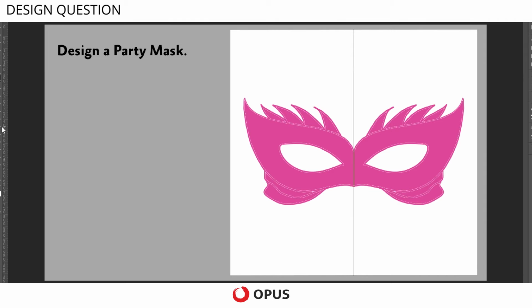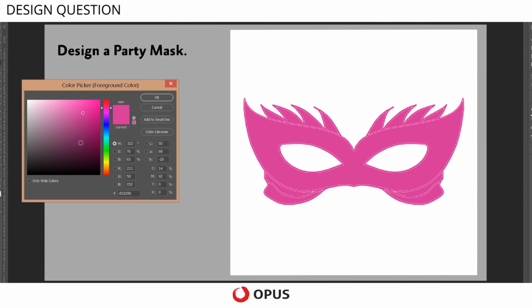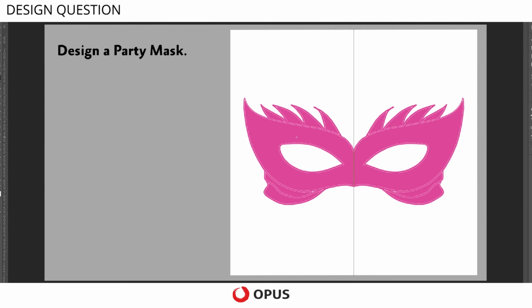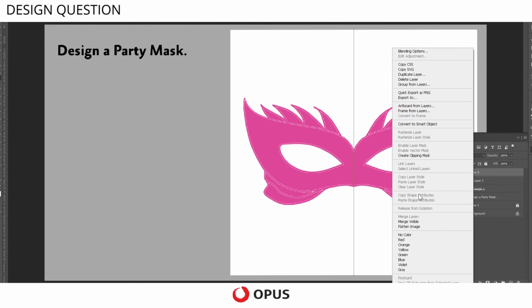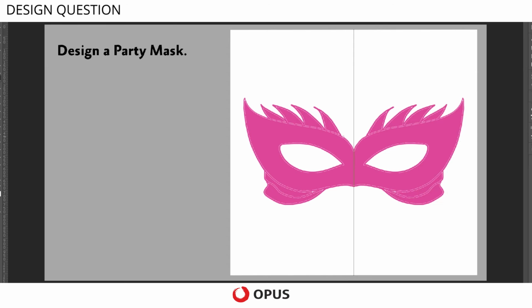Okay, after that we can think of certain designs to make the mask look interesting. So suppose we make certain borders.